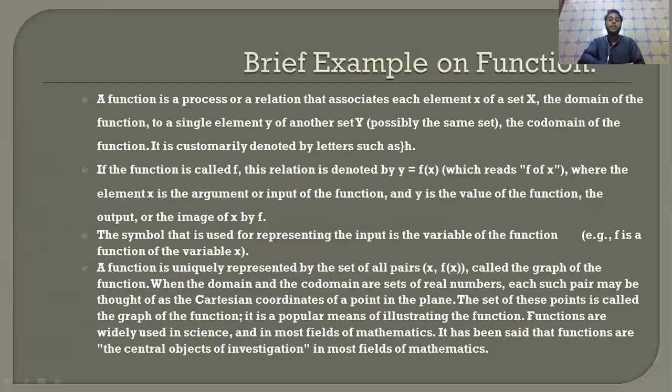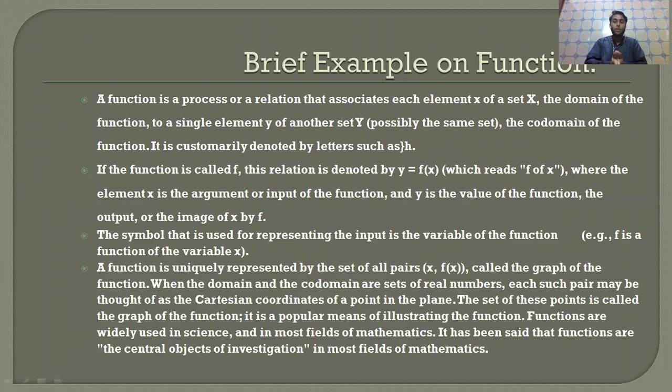If the function is called f, this relation is denoted y = f(x), which is read as f of x, where the element x is the argument or input of the function, and y is the value of the function, the output, or the image of x by f.